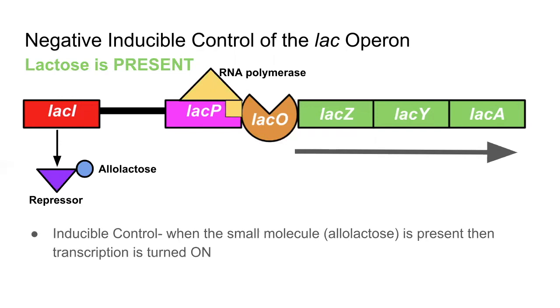Under inducible control, transcription is turned on when the small molecule is present. In terms of the Lac operon, the small molecule is allolactose, which is only produced when lactose is present. Allolactose binds to the repressor to block the binding of the repressor to Lac O. Therefore, RNA polymerase is able to bind Lac P and transcription can occur.